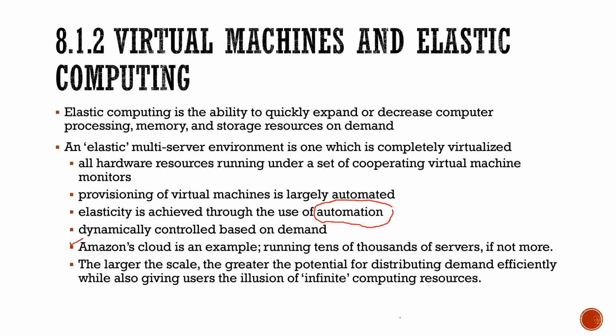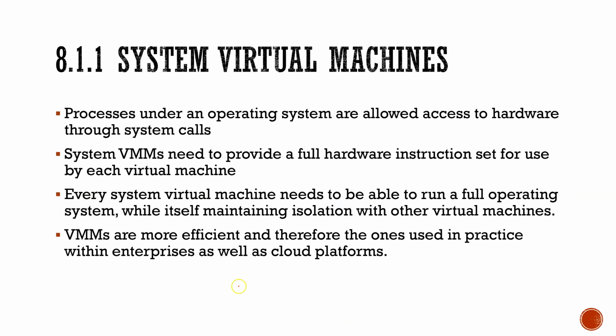Automation is the key to elastic computing in a virtual environment. Processes under a virtual machine are allowed access through system calls. System virtual machines have to provide a full set of hardware instructions for each virtual machine.